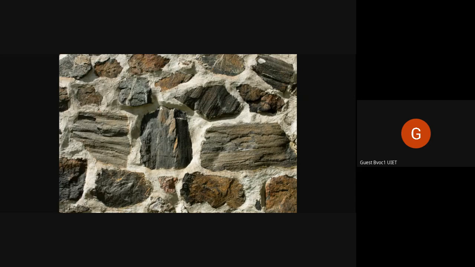There are three types of rocks, and keep making notes as I'm explaining things, so that next time if I ask you what was taught in the previous class, you'll know. At least make running notes.